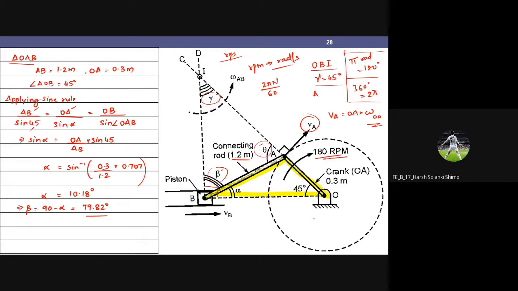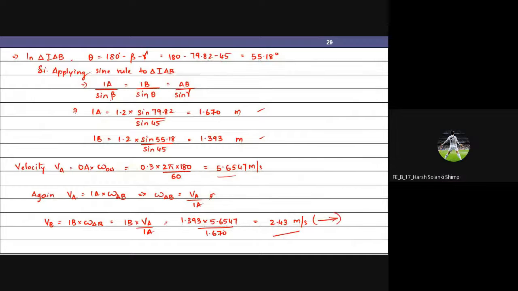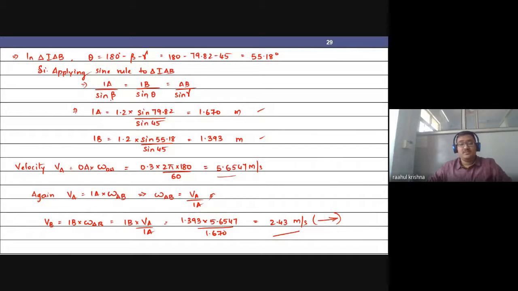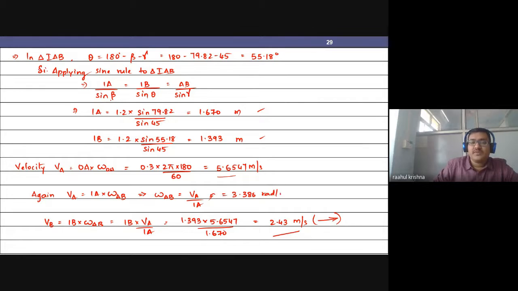So what will be my direction of VB? Sorry? Sir, the answer of VA is 3.386. We have to find omega AB in the first one, the above one. No, what I did, from omega AB, that is not W, that is omega.